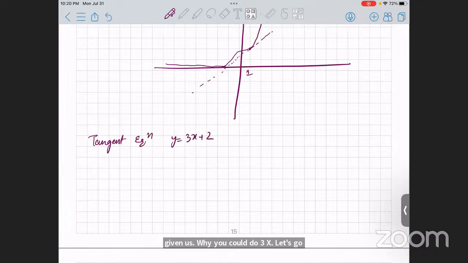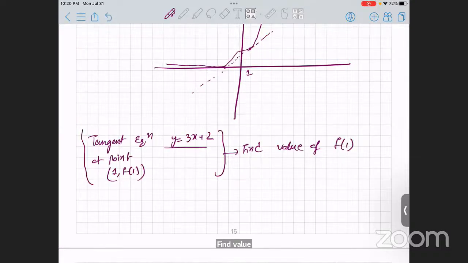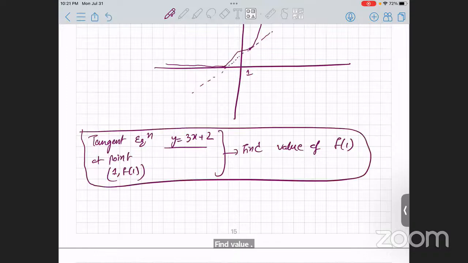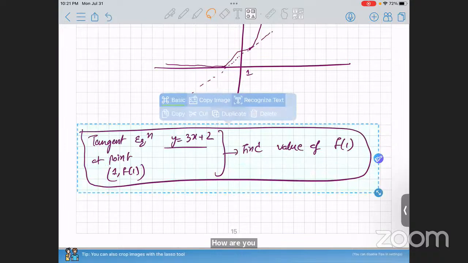They gave the tangent equation at the point 1 comma f of 1 as y equal to 3x plus 2. Find the value of f of 1. 5. This is very easy. 5.